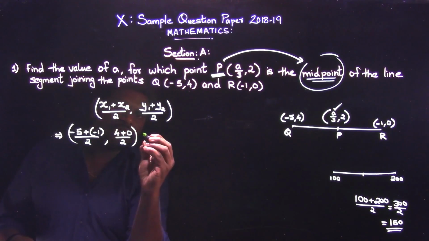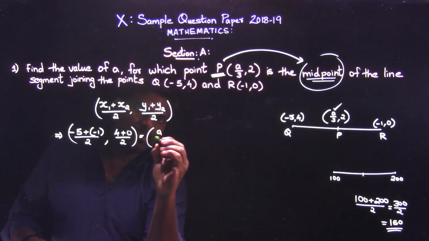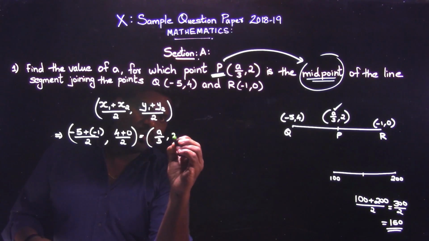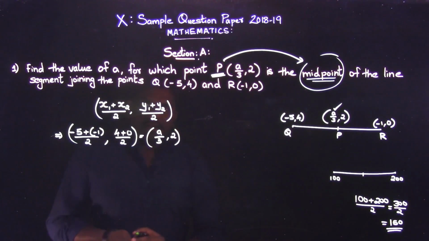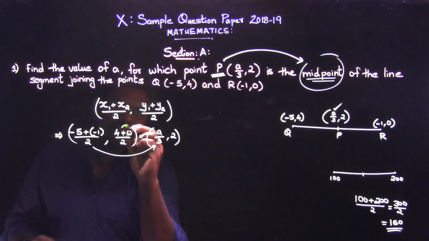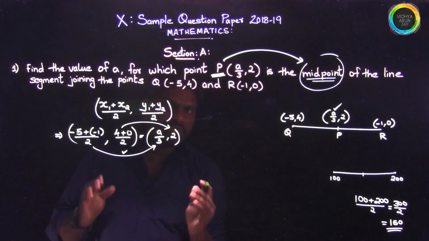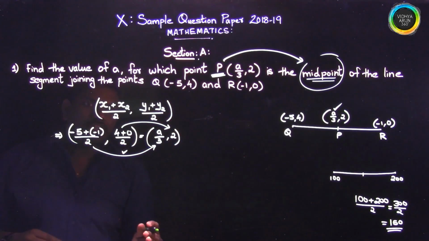So these two are the points, and it is given that when you do this, it's going to be a by 3 comma 2. Now you know that this one is related to this and this is related to this, whereas only this one we need to take, since we need to find the value of a.